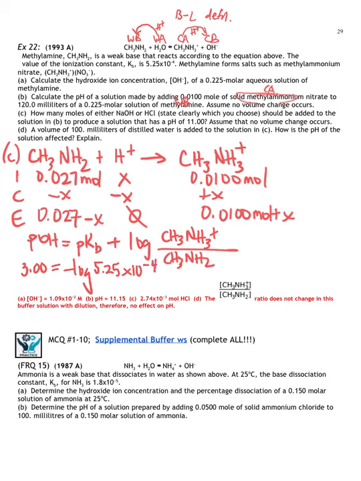Okay, and then I'm going to add the log of this ratio that I see, which is my conjugate acid, methylammonium, over my weak base, methylamine. And what I'm going to solve for is this ratio.